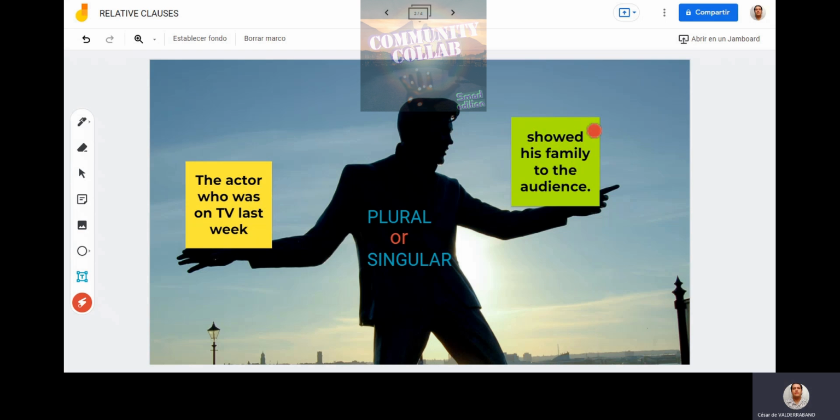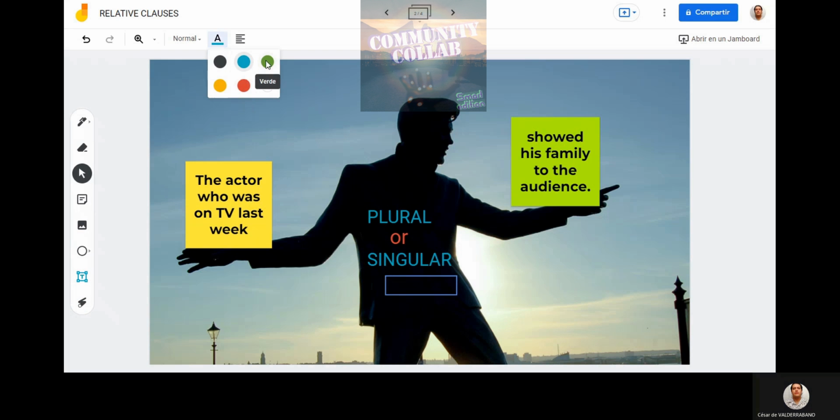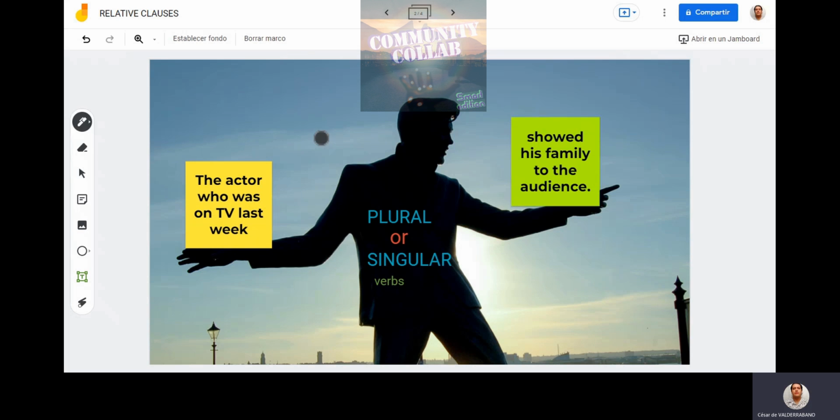So this topic about plural or singular verbs. Okay, let's put it here. Verbs. It doesn't apply to the simple past, as you can see. It applies to the simple present only, okay, to the simple present.